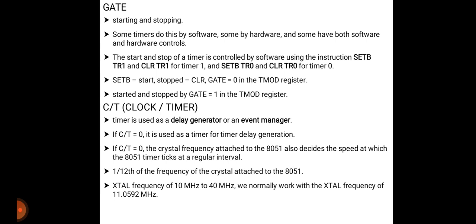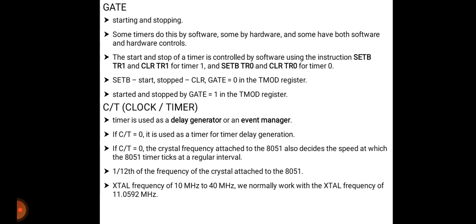The start and stop of a timer is controlled by software using instructions like SETB TR1 and CLR TR1 for timer 1, and SETB TR0 and CLR TR0 for timer 0.